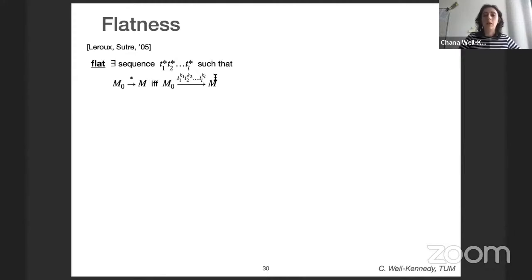So if there exists a K1, K2, KL, such that M0 can reach M by T1 K1, T2 K2, TL KL. I hope this is not too small on your screen.